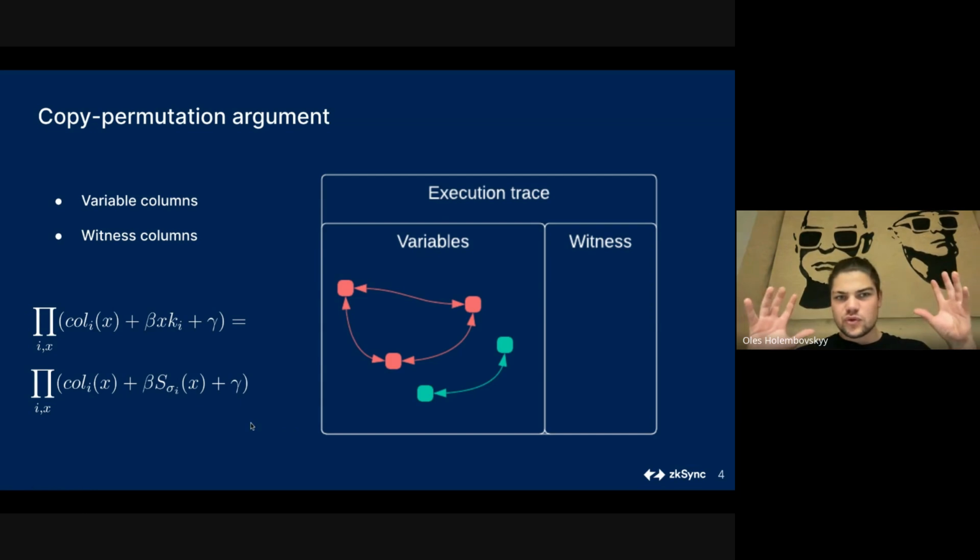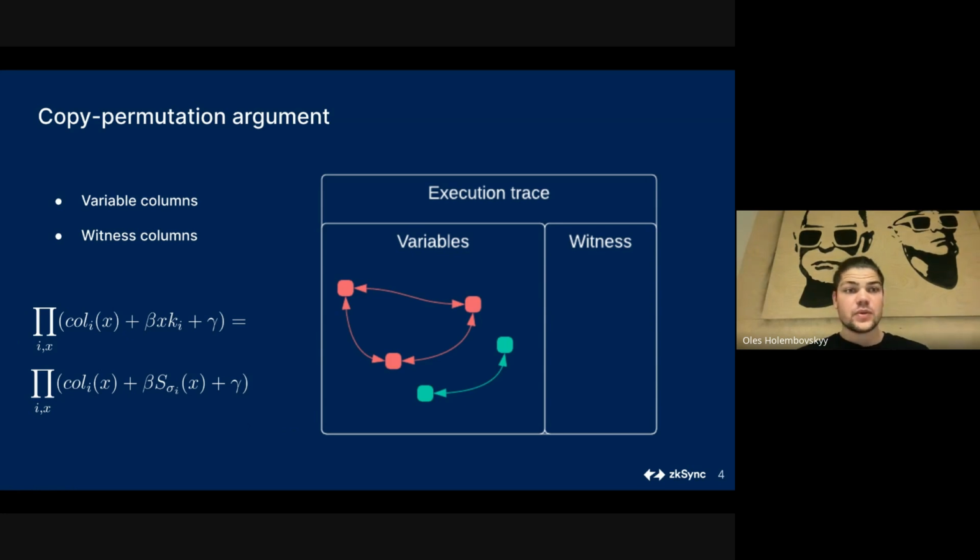If you want to know more about why it has this shape, it's well described in the original Plonk article. It's not too hard, so you can search there for more information, but I don't want to explain it here, because it would take quite a lot of time to explain why it works.